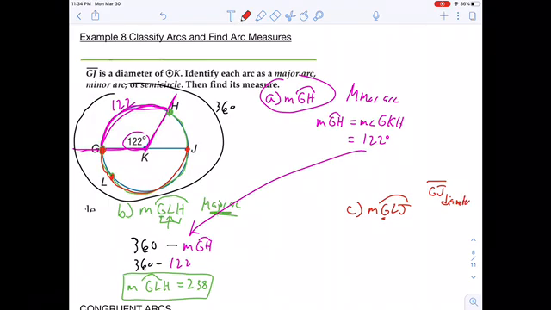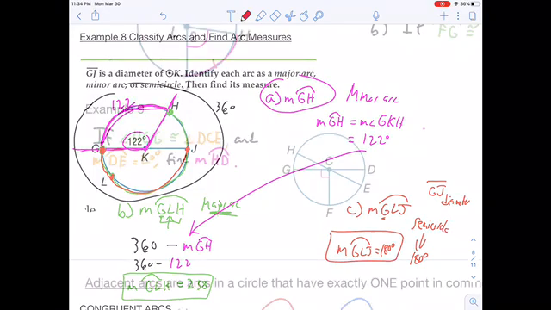When the endpoints of my arc are the endpoints of a diameter, I have something called a semicircle, and all semicircles are 180 degrees. So the measure of arc GLJ is equal to 180.